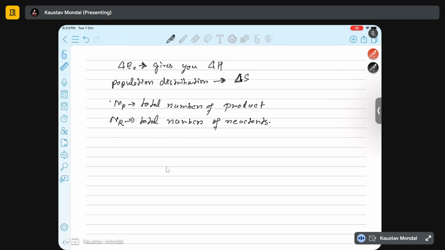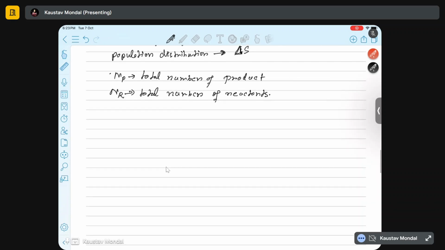For that, first do the summation over the reactants of Ni, where N is the total number of molecules. If you do the summation over the reactants, it will give you the total number of reactant molecules, denoted by Nr.